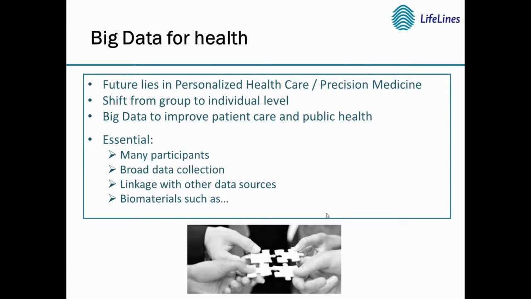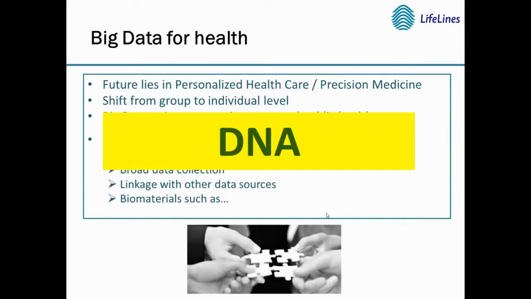And what is essential there is that also in Lifelines, but also other biobanks, there are many participants, there's broad data collection, there's linkage with other data sources, and of course there's biomaterials such as DNA, which is what we are talking about today.